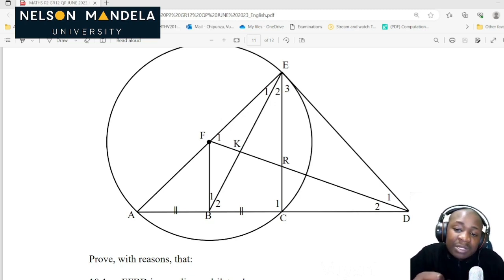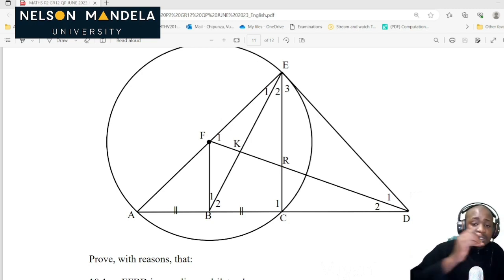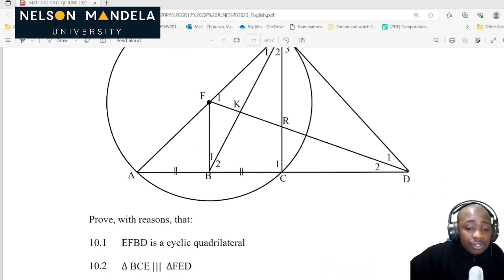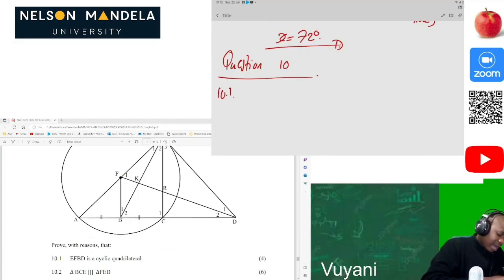A radius is perpendicular to the tangent, because a radius is a line drawn from the center to the circumference of the circle. So let's do this question fast and enjoy it. 10.1, we are saying that FE is perpendicular to DE, radius perpendicular to the tangent.